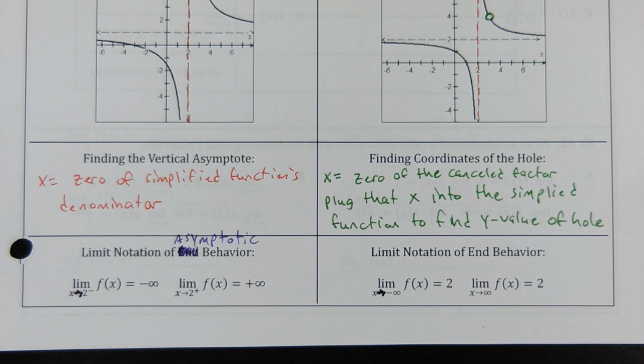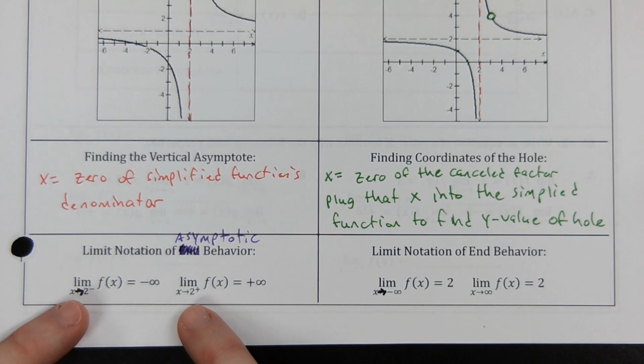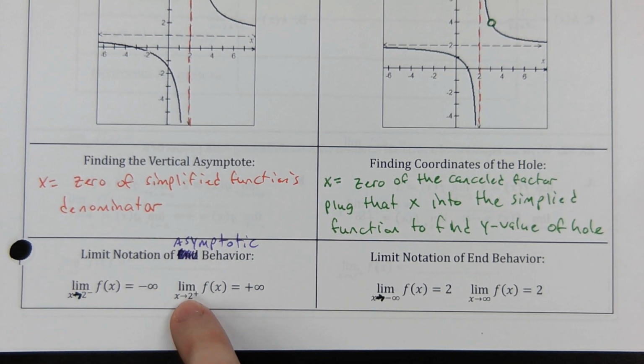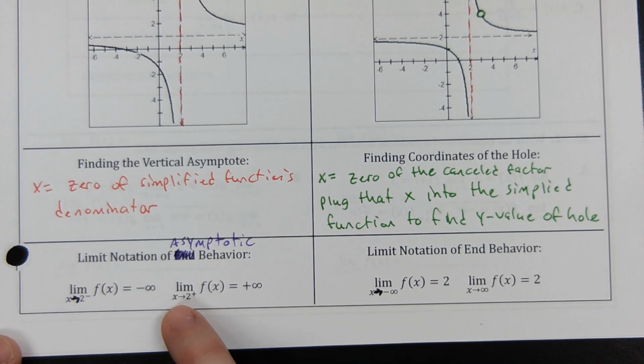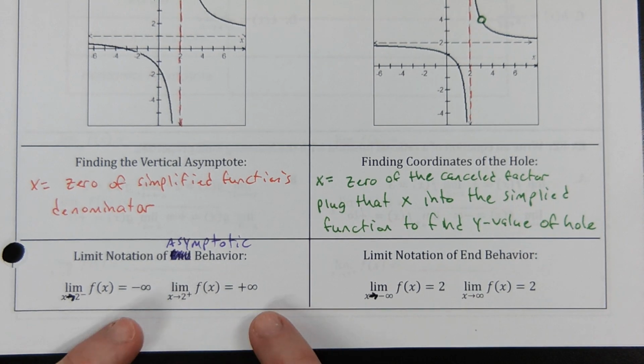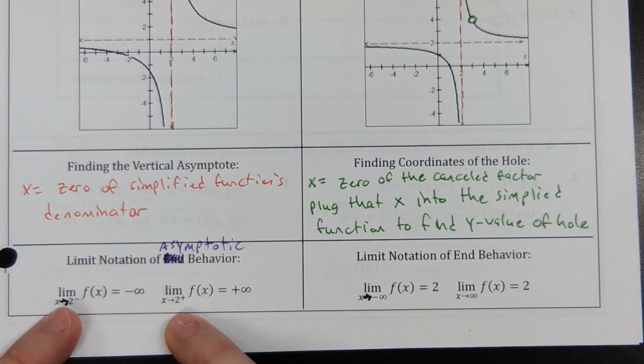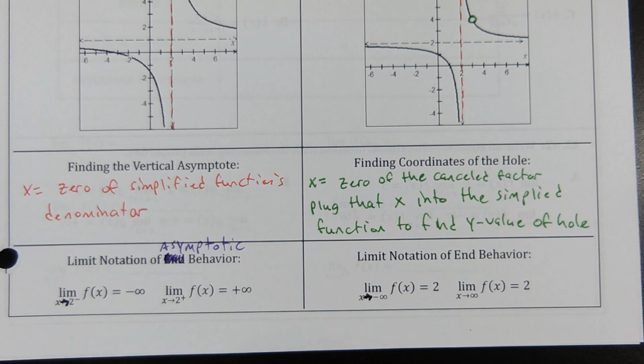So now that we've fixed the boo-boos, how do we recognize asymptotic behavior? The way you recognize asymptotic behavior is when x approaches a number, and it doesn't matter if it approaches from the left or from the right, if the y values go to one of the infinities at certain values for x, then you have found a vertical asymptote.